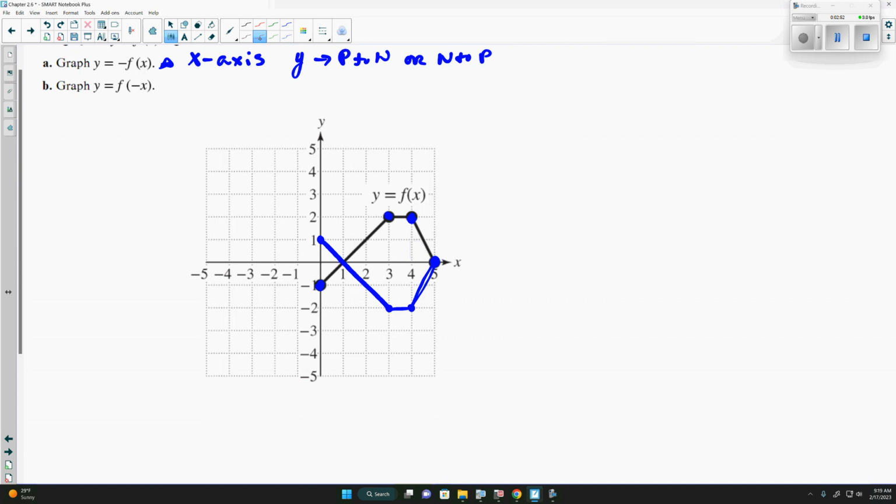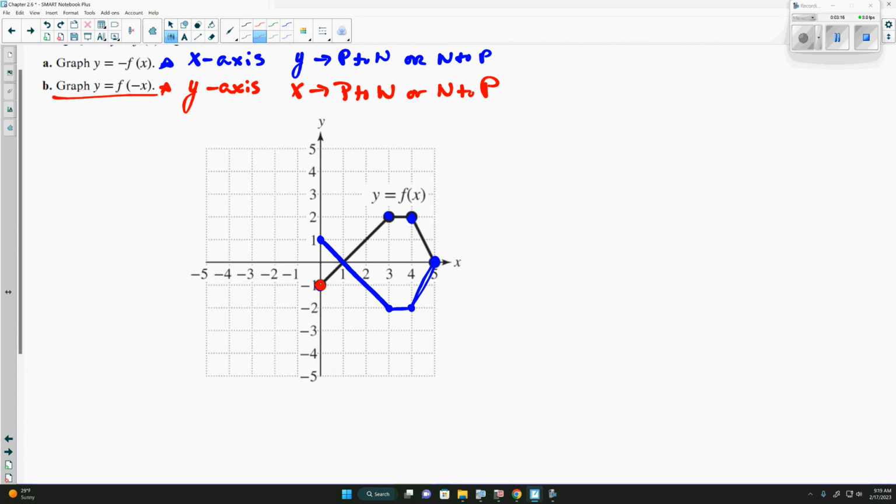Now we want to graph f of negative x. This here we'll do in red is a reflection across the y-axis. Here we're saying the x values are going to go from positive to negative, or negative to positive. They're going to flip. Now, with either one, the only ones that don't flip are the points that lie on the axis itself.